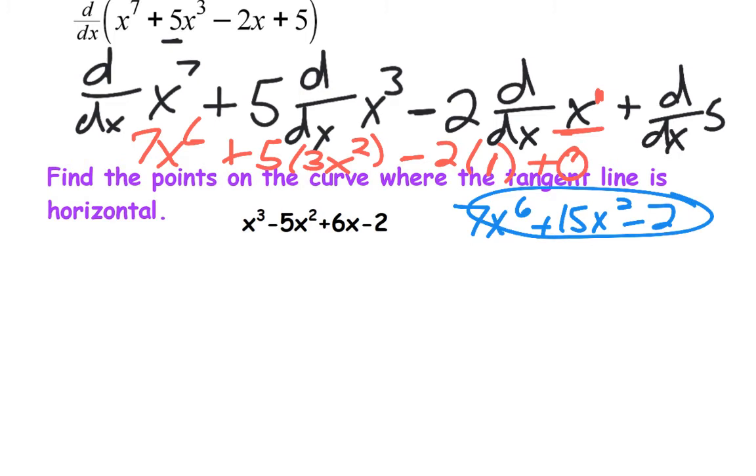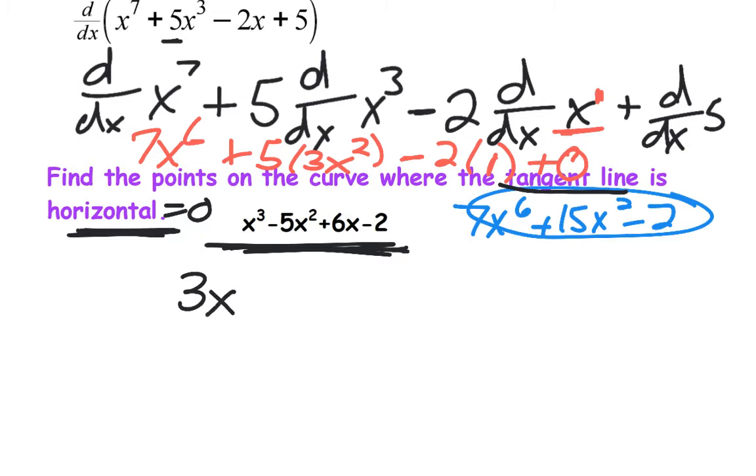Now, I want to do something with this. I want to find the points on the curve where the tangent line is horizontal. I know that if I'm talking about the tangent line, I'm talking about the slope, and so I want to know when the slope is equal to 0. So I need to go ahead and take the derivative of this.